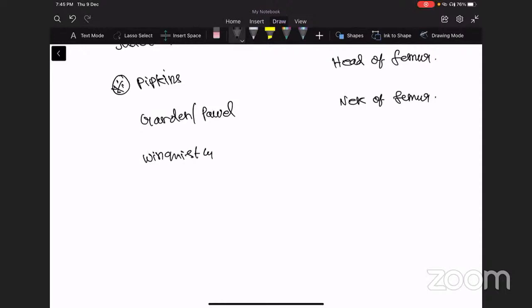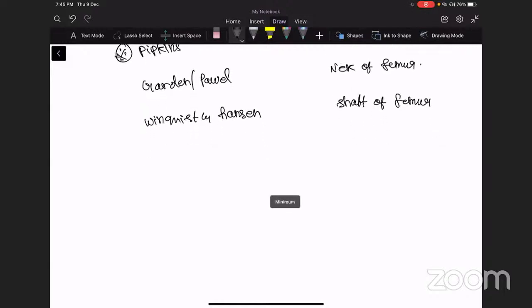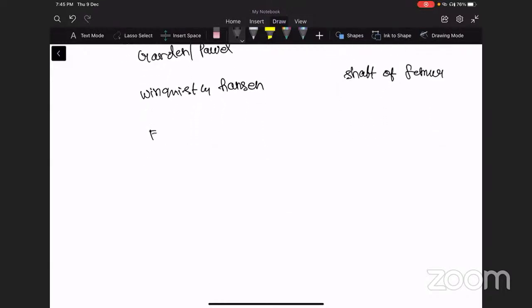Winquist and Hansen classification is for fracture shaft of femur. Essex-Lopresti is also important.